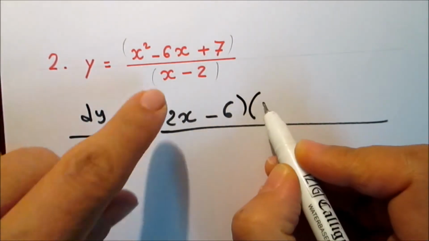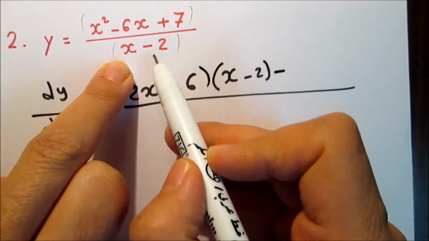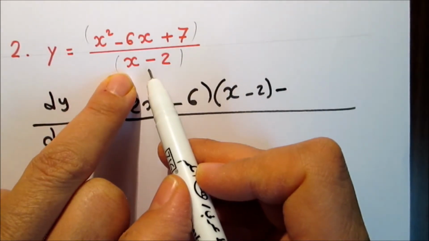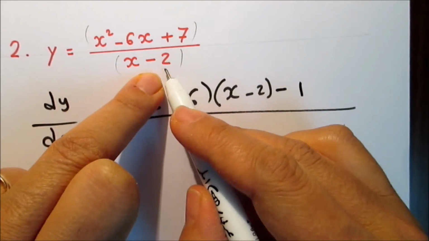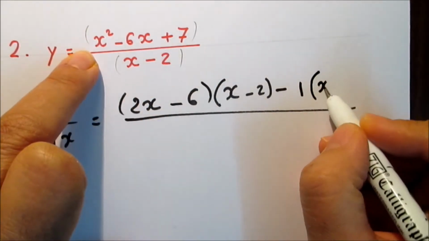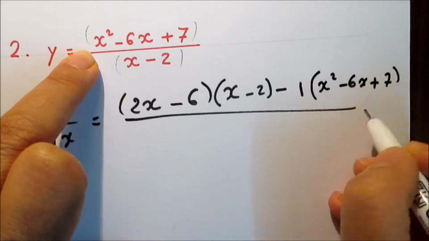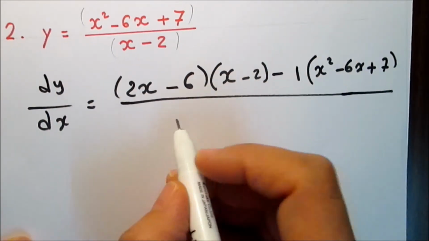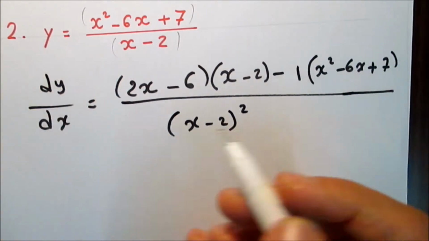Now multiply this by the denominator, x minus 2, then minus, take the derivative of the denominator, so derivative of x is 1, derivative of negative 2 is 0, this is a constant, times the numerator, x squared minus 6x plus 7. And down we have the square of the denominator, so we have x minus 2 squared.